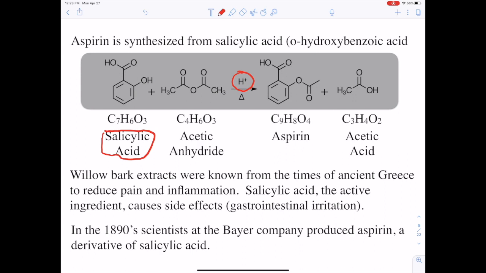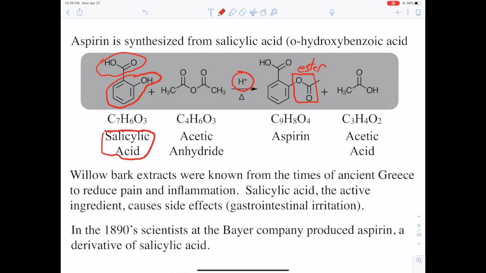You notice in salicylic acid, it's a phenol. There's also a carboxylic acid on here, but the phenol functional group is converted upon reaction with acetic anhydride. If you look here, this is an ester.